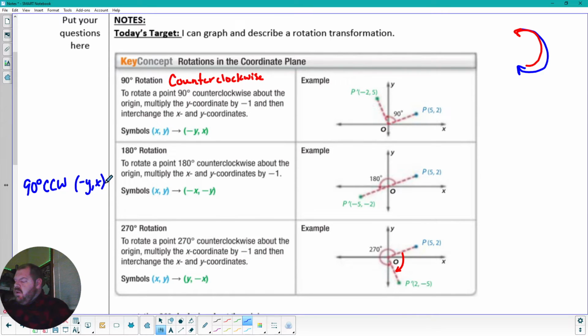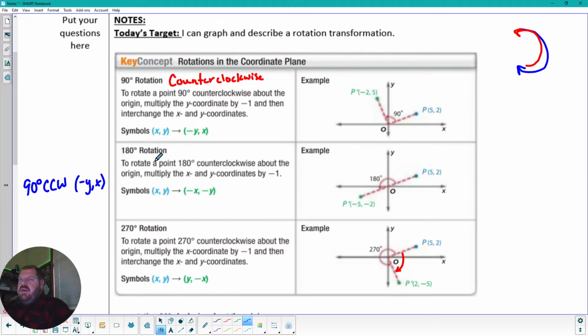Okay. For a 180-degree rotation, so that's just 2 rotations of 90 degrees, the point (5, 2) goes to the point (-5, -2), which is really just negative x, negative y is what (x, y) turns into.